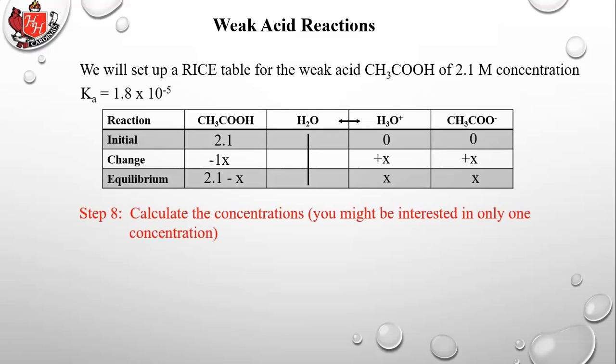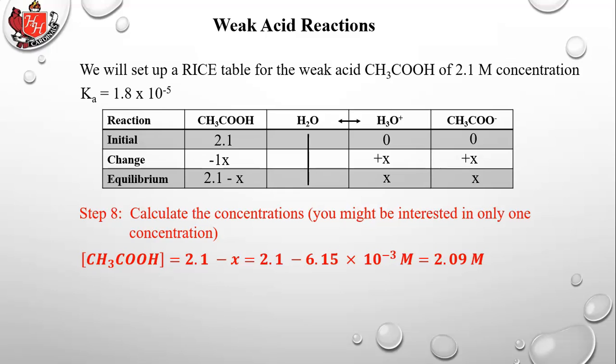So calculate the concentrations. You might be interested in only one, and usually it's the H3O+. You want to know how acidic the solution is. Okay, so there we did figure out for the acetic acid, and it's 2.1 minus 6.15 times 10 to the minus 3, which is very, very tiny. I come up with 2.09. I could have rounded that back to 2.1 actually.